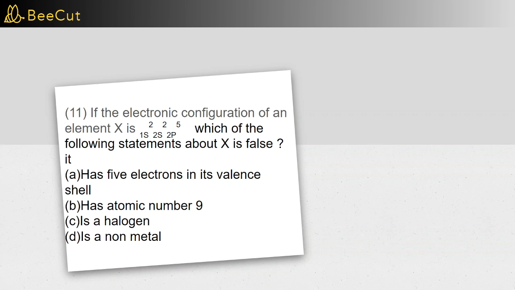The question says, which of the following is false about it? The atomic number is 9, correct. Is a halogen, yes. Is a non-metal, yes. But has 5 electrons in its valence shell, wrong. That is option A. Number 11 is option A.